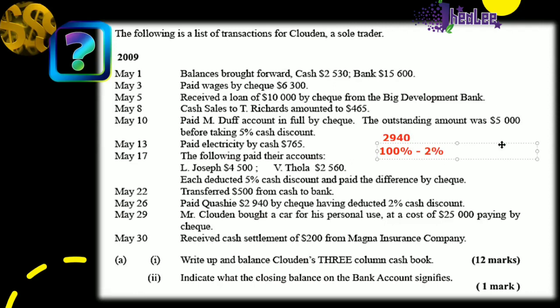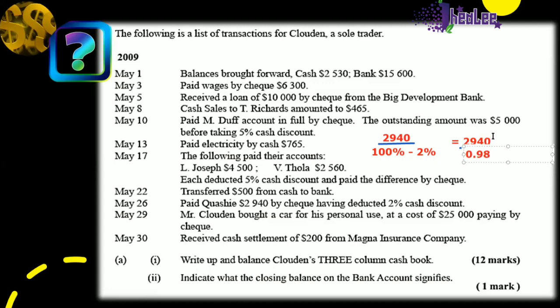So simply, what we are doing is dividing the 2,940 by 100% minus 2%, which gives us 98%. And guess what? I'm going to convert that to decimal, which is 0.98.